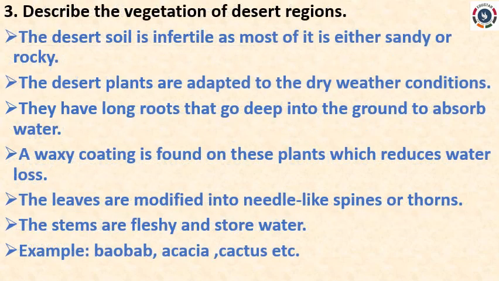Third question. Describe the vegetation of desert regions. Answer. The desert soil is infertile as most of it is either sandy or rocky. The desert plants are adapted to the dry weather condition. They have long roots that go deep into the ground to absorb water.